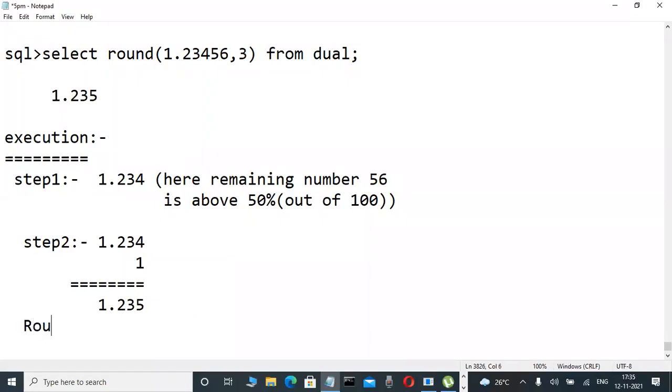Round, meaning the round function, always checks the remaining number.